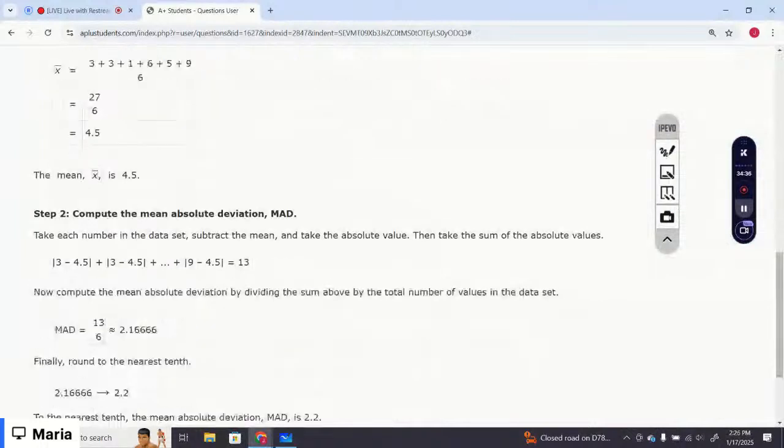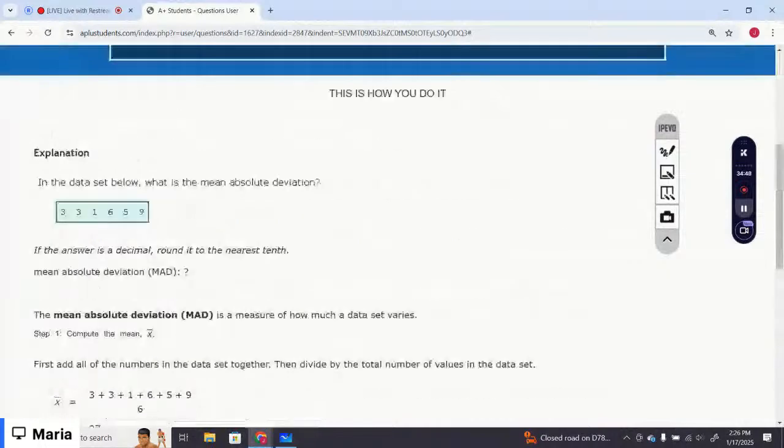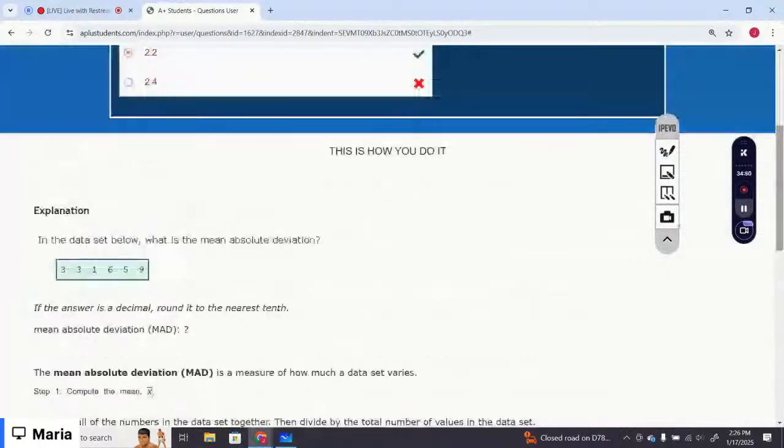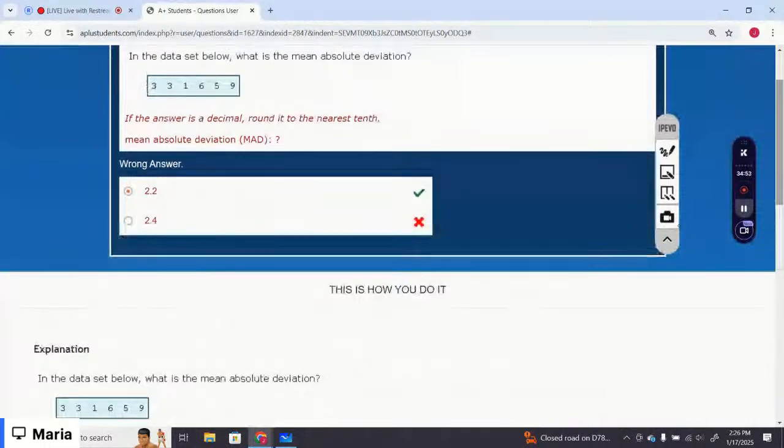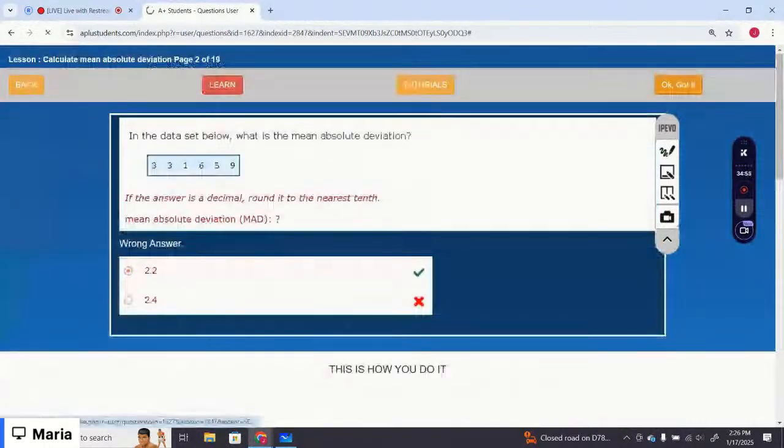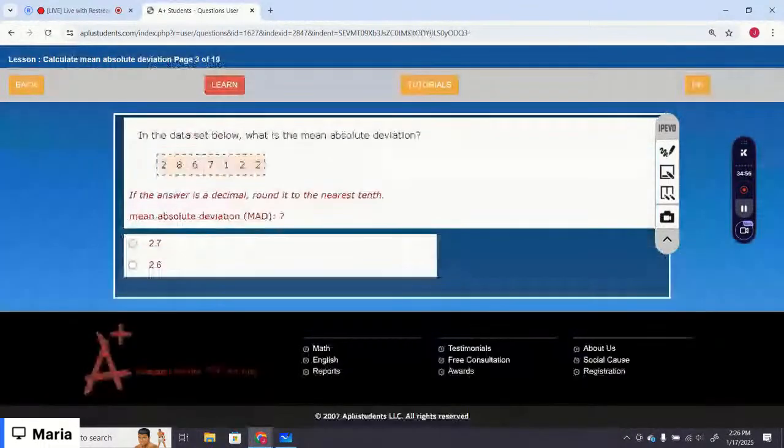That is 2.2. In the data set below, what is the mean absolute deviation?